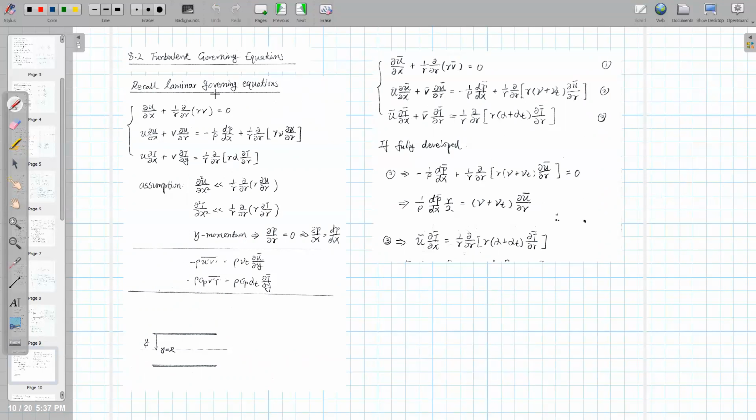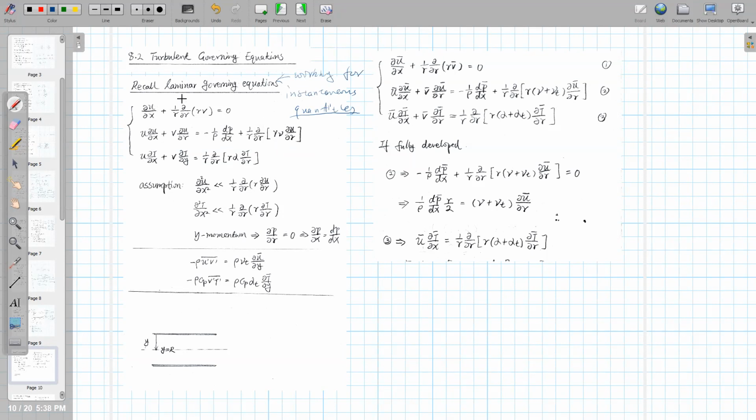So let me emphasize again, this works for instantaneous quantities, because you can still derive these equations from the same conservation laws.